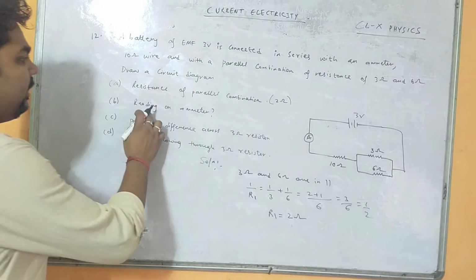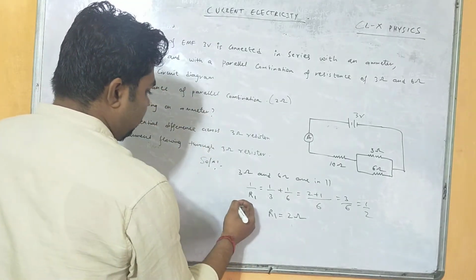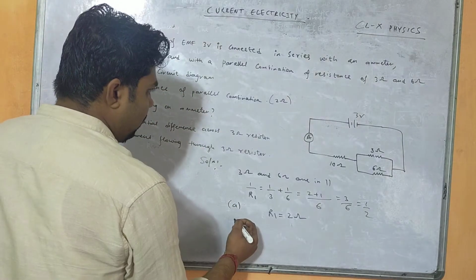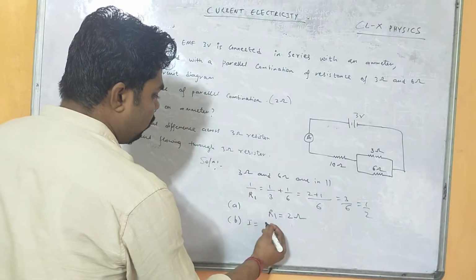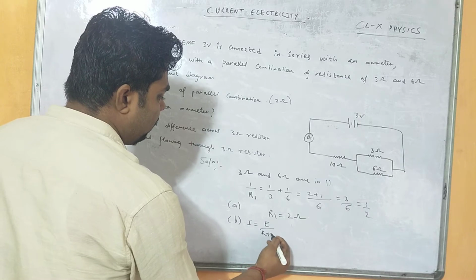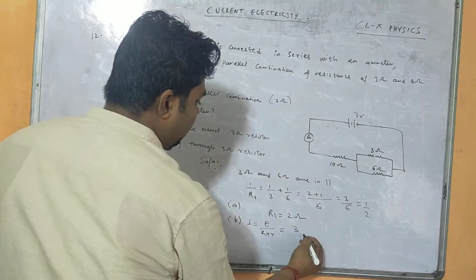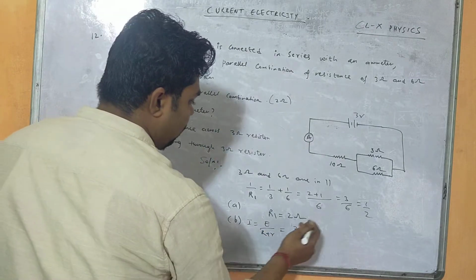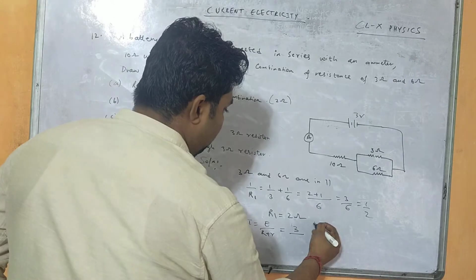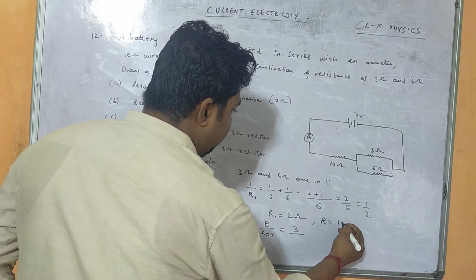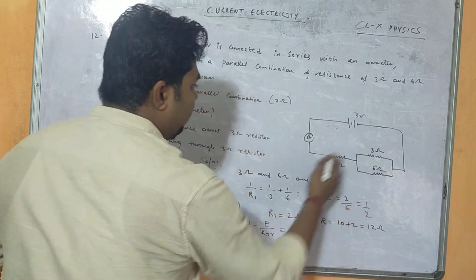Next we will find the reading on an ammeter. Reading on an ammeter means here, this was point number A, point number B, reading on an ammeter means I equals E by R plus small r. So what is the total EMF? That is 3. Capital R we will get here 10 plus 2, that is 12 ohm. That is the total resistance here.